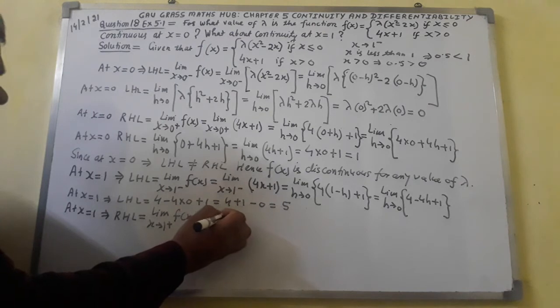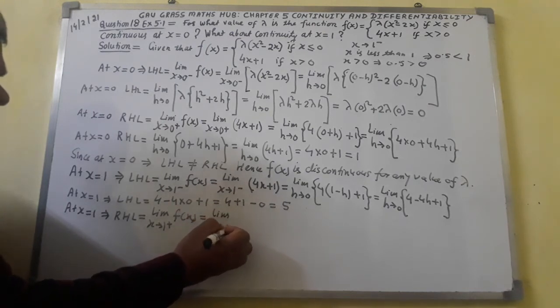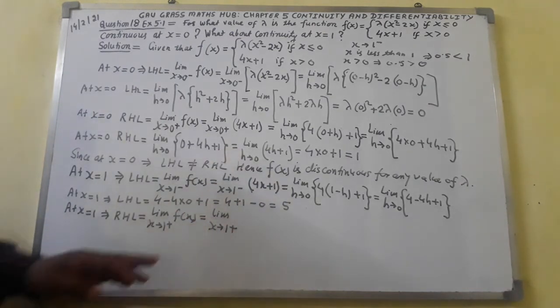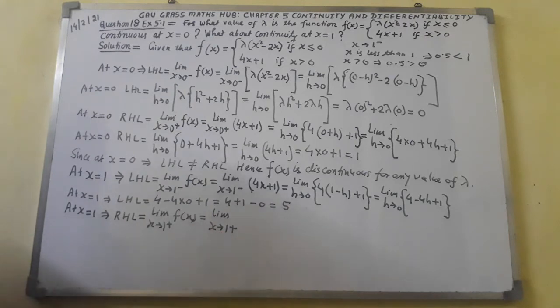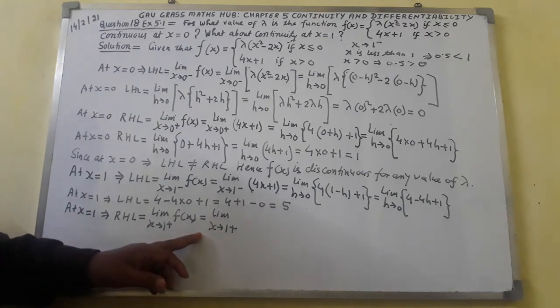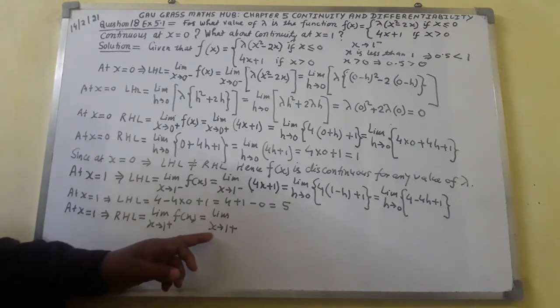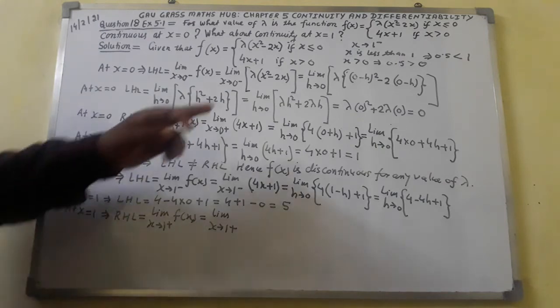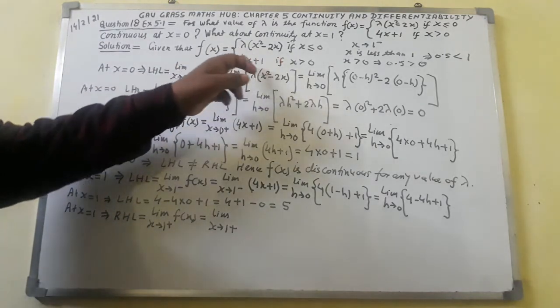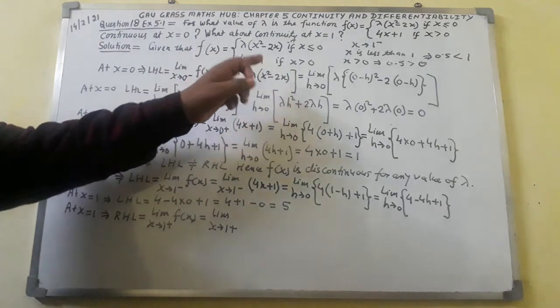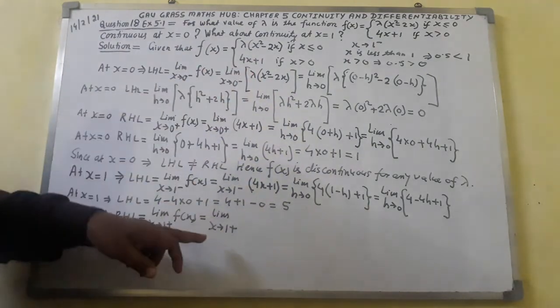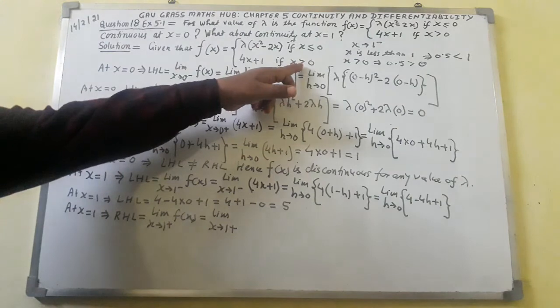Here x tends 1 positive means the value of x must be greater than 1. So we have to choose a function in which the value of x must be greater than 1. So here you can see f of x equal to 4x plus 1 is the function in which the value of x is greater than 1.